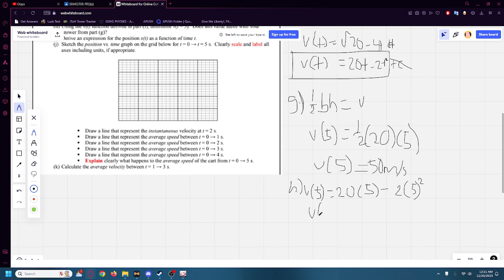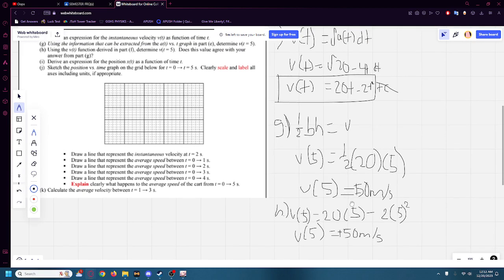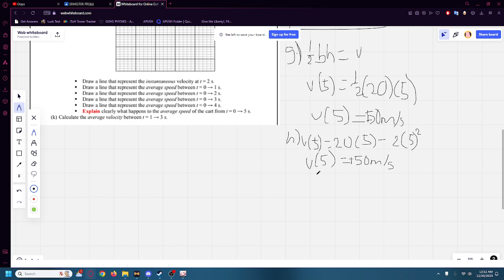So v of 5 is equal to 100 minus 50, which is 50 m over s. And both of these are vectors, so you should have a direction, which is plus. And they match.